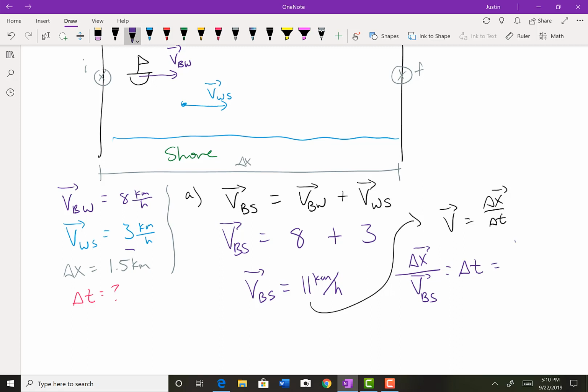So my displacement is 1.5 kilometers, and my velocity of the boat with respect to the shore is what I just found here, 11 kilometers per hour. And so kilometers cancel out. I'm going to get this in hours. So I get 1.5 divided by 11.